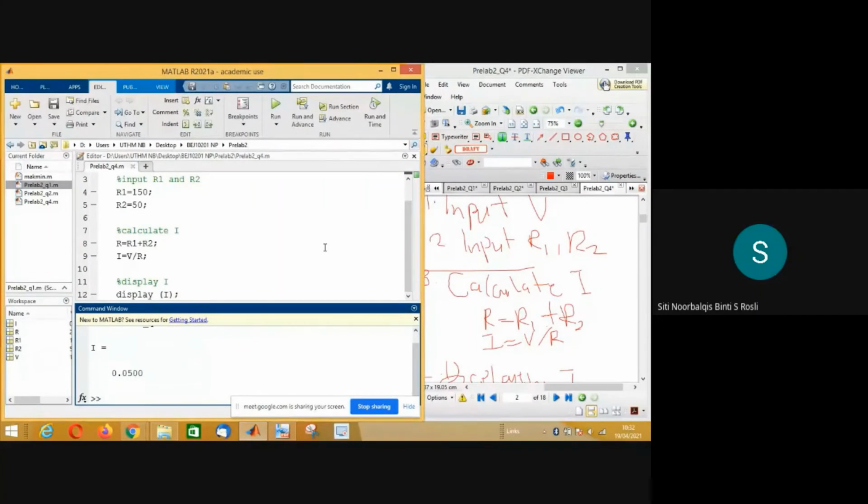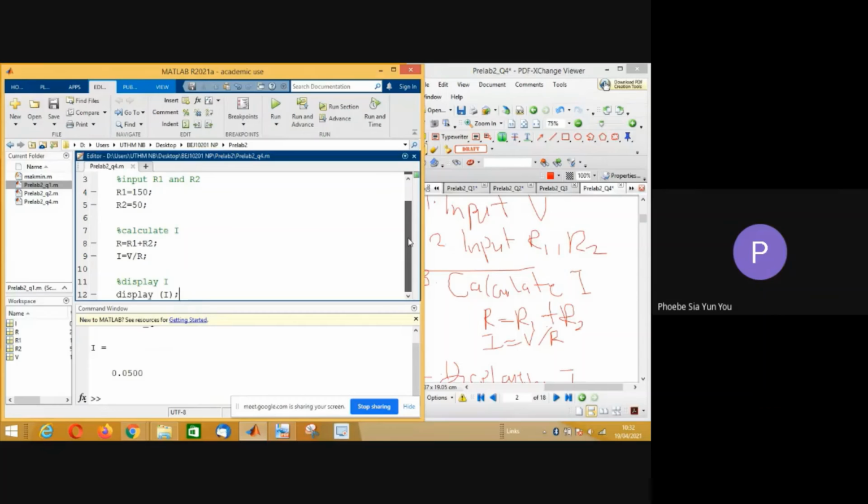Doctor, Ada soalan? Doctor, if you want to display the I, can we use message box also? Boleh lah. Cuba. Boleh juga lah. Oh, okay. Saya tak pernah try. Kalau kita guna message box. Okay, message box. Let's say we want to display like this. Okay, and then let's say I want to have message box.